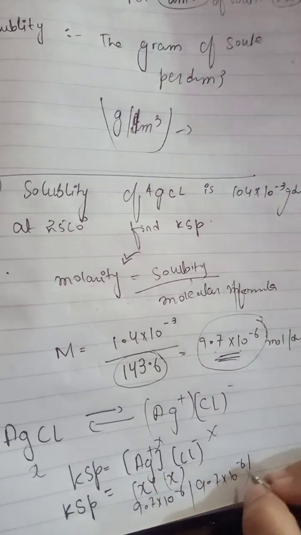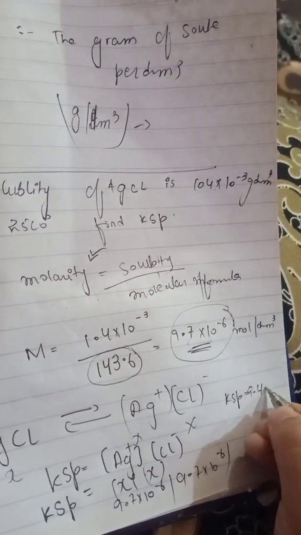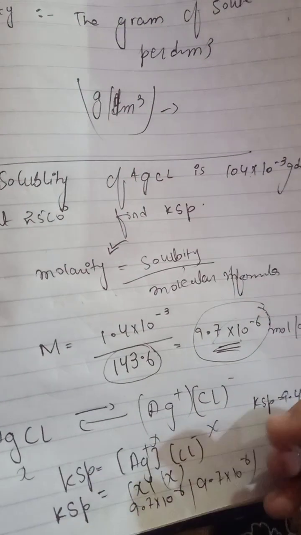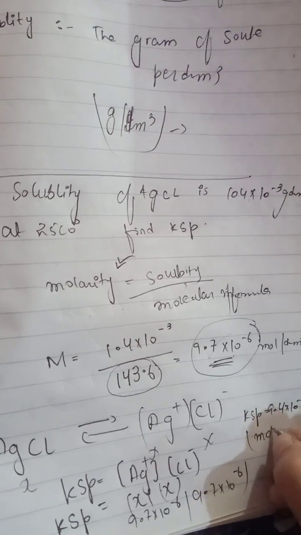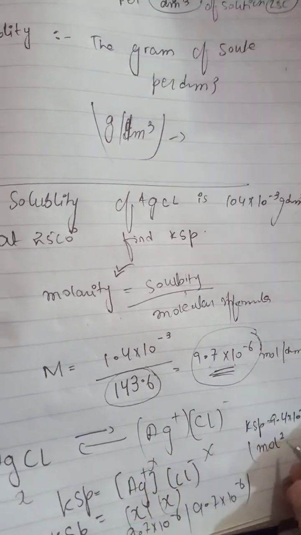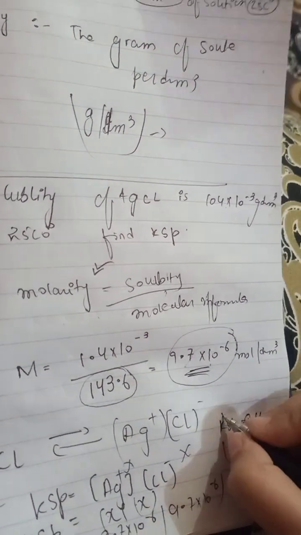Putting the value of both X, the answer after multiplying is Ksp equal to 9.4 multiplied by 10 to the power minus 11. The unit is mole square per dm cube square, which is mole square per dm6. So this is the first problem that we have solved.